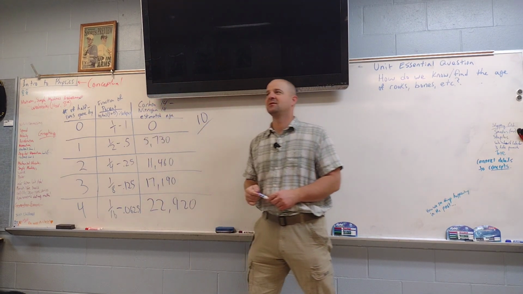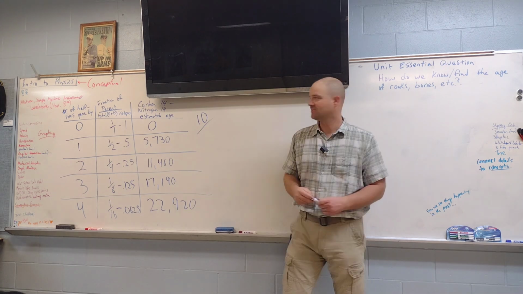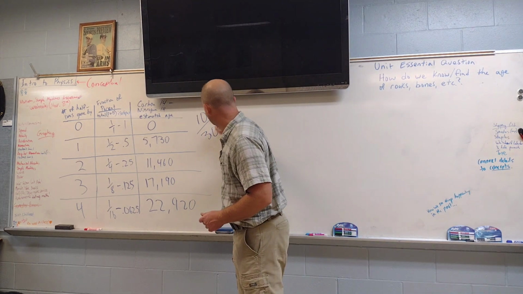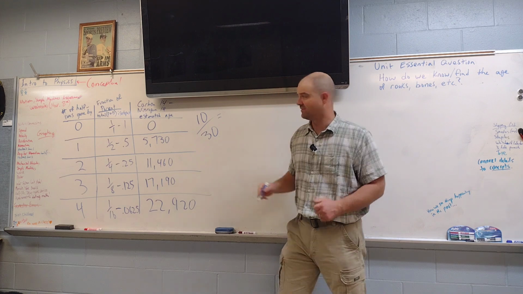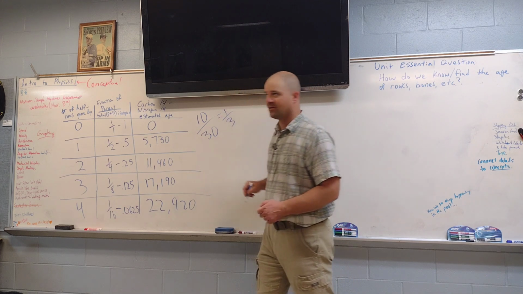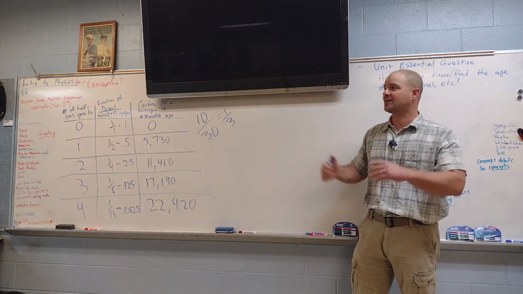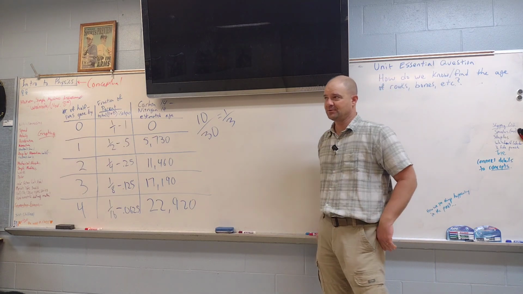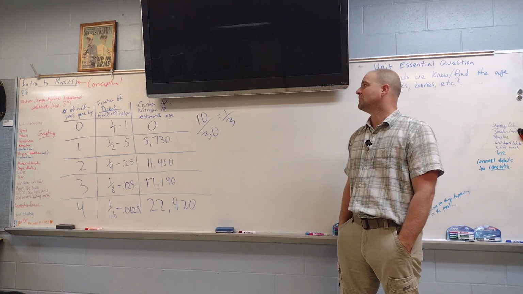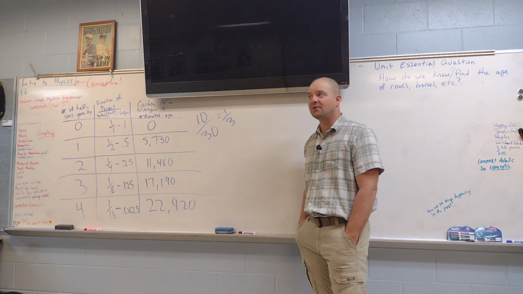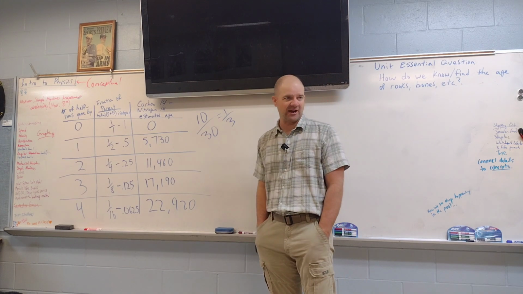Somebody give me a number between 10 and 30. 30. Can we reduce that further? Yeah, 1/3. So let's say about 1/3 of the sample is still parent isotope. Tracking?